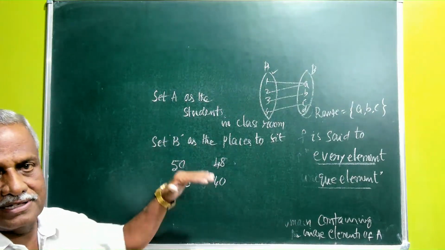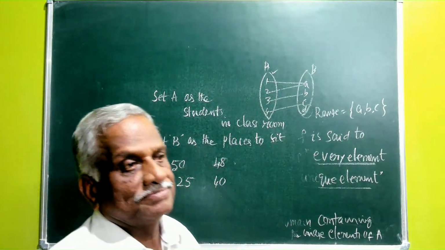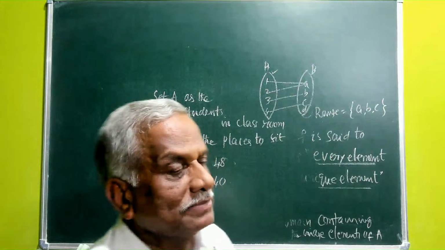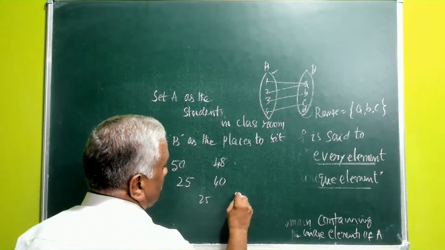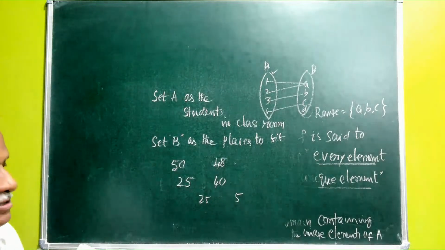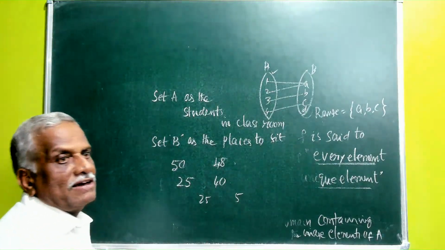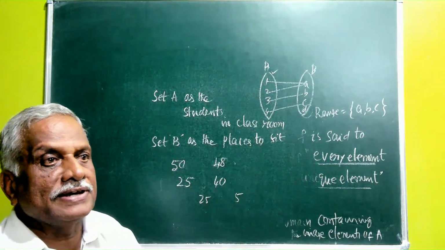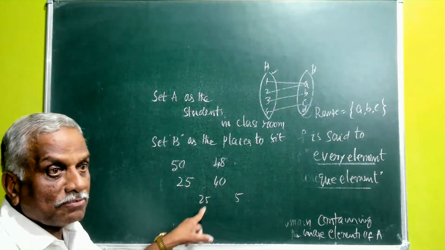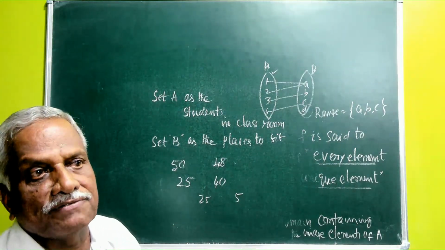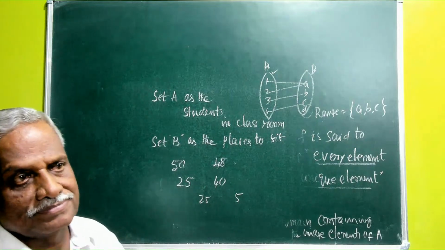What I am saying is, if you want a class to function, every student should get a place to sit. Supposing there are 25 students and only 5 seats, then also it is possible, maybe 5 people sitting on a bench. But if you find one student not being seated, it is not a function. This is the best example.